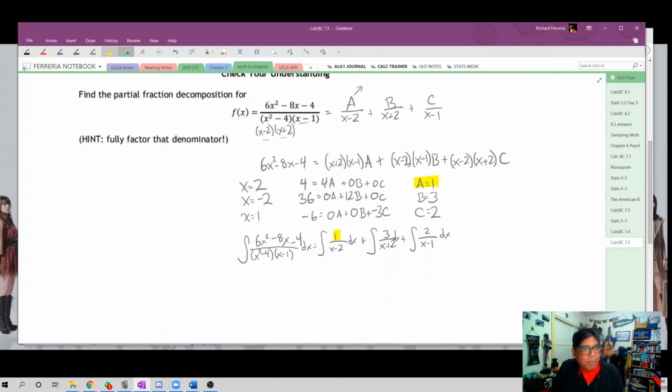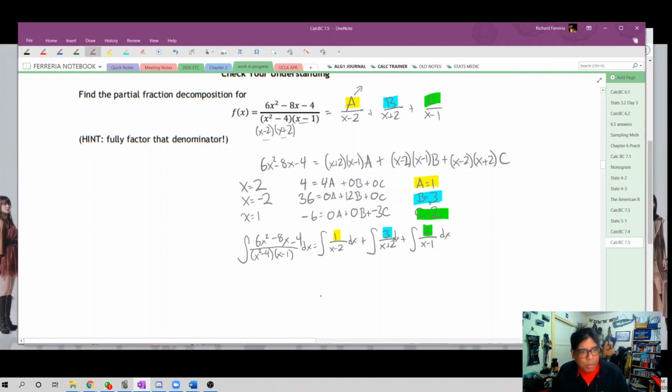That's plus B, which is 3, over x plus 2. And C, which is 2, over x minus 1. Notice how these all match with what I wrote over here, which I like to think of as my key. Without that, I might mix up the numerators, so I try not to do that.